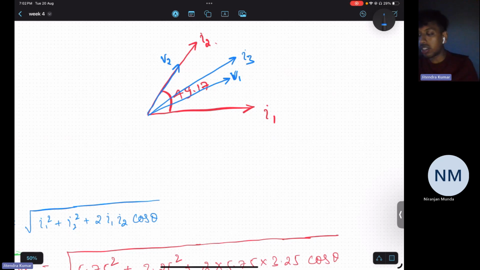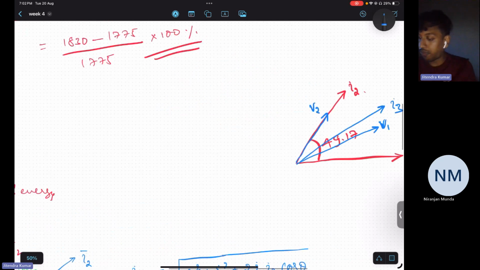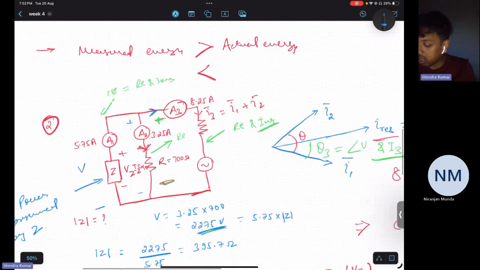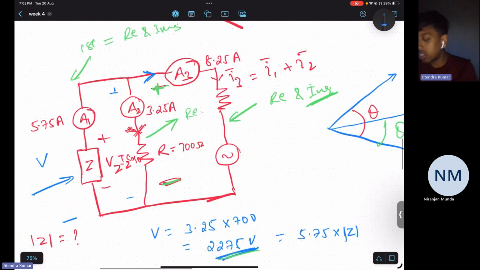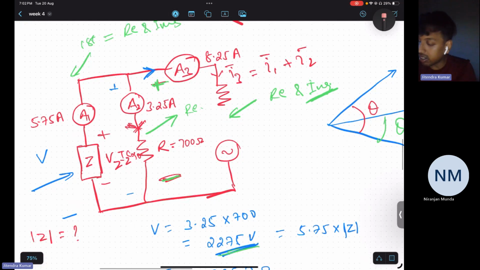We don't know whether it is lagging or leading. We have to calculate for that. But I3 must be lying somewhere there. Now, one thing is for sure in this circuit, see the circuit very carefully. It has a source here, so the current must be going from this direction, isn't it?